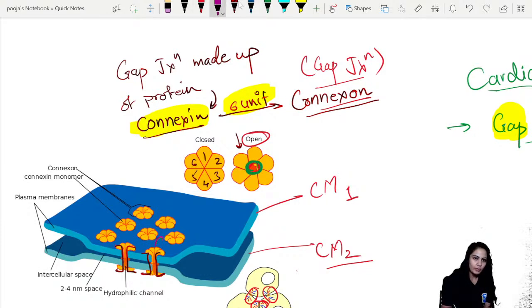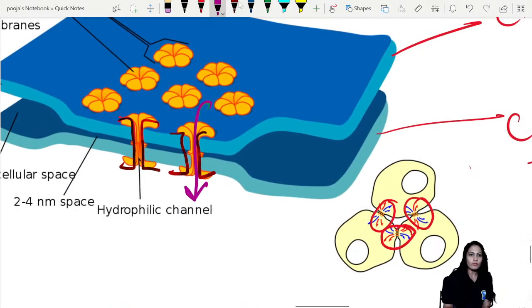Suppose I have to show you over here, in this color. If something has to move from this cell to another cell, it will move through this gap junction to the other side. That's why they are known as gap junctions, because they create a gap when they are open. These channels go through one cell membrane and through the second cell membrane, connecting the two.